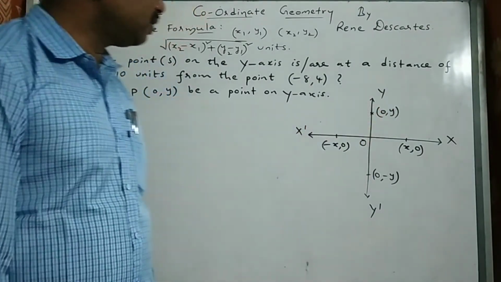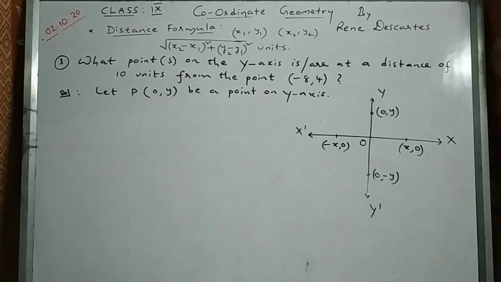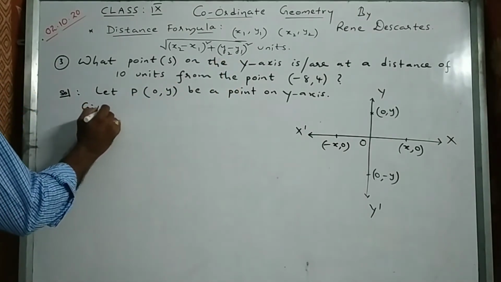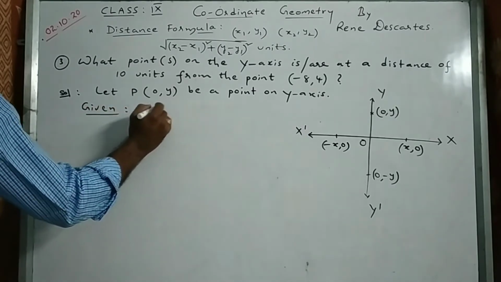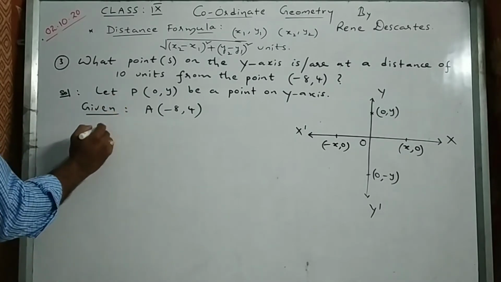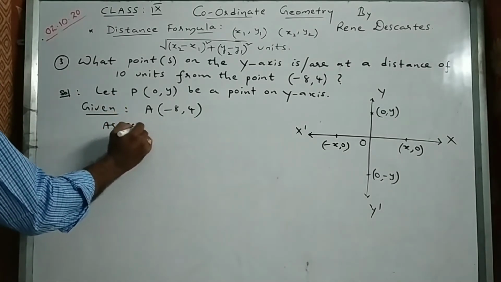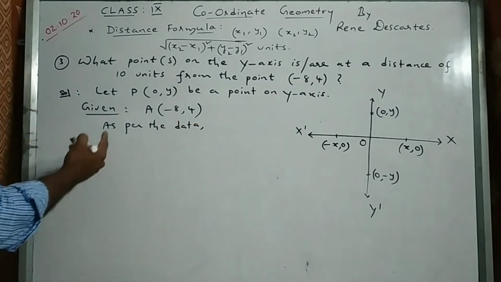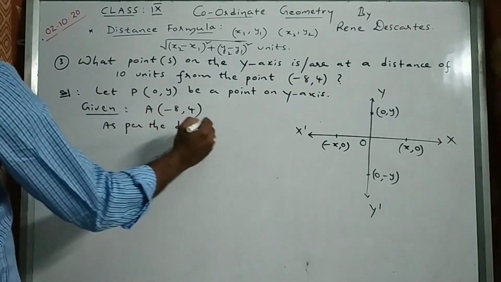Which form can we take it on the y-axis? The x coordinate should be 0. So the given point I will take as minus 8 comma 4. Now as per the data, what is given here? Distance between these 2 points is 10 units.